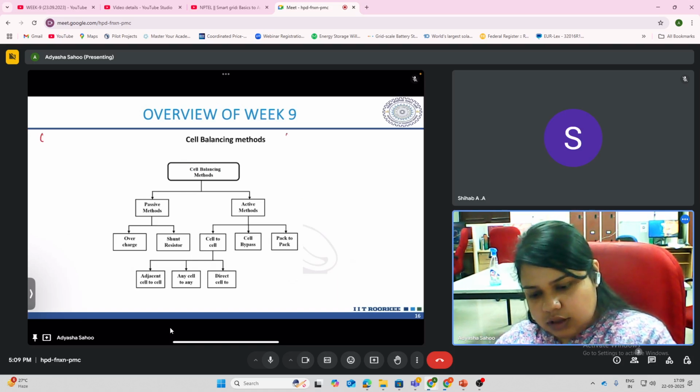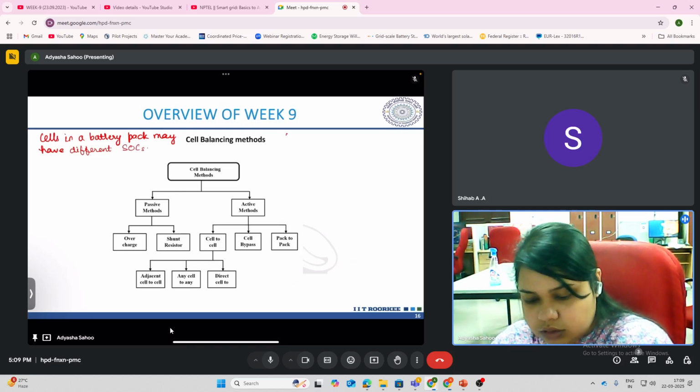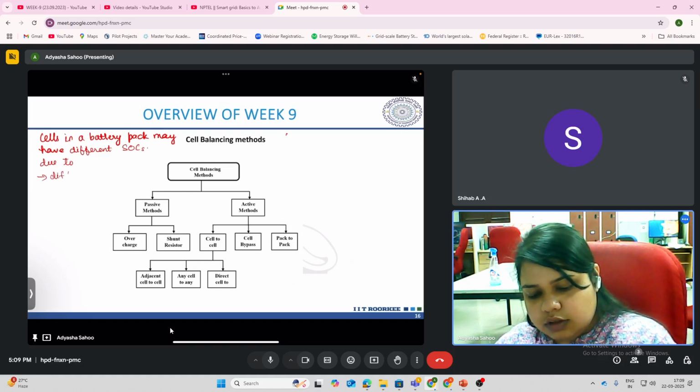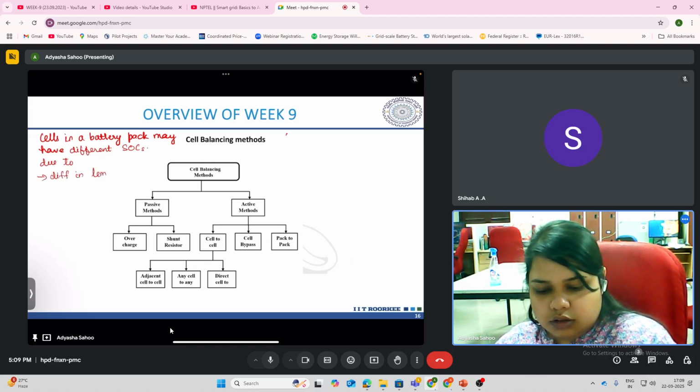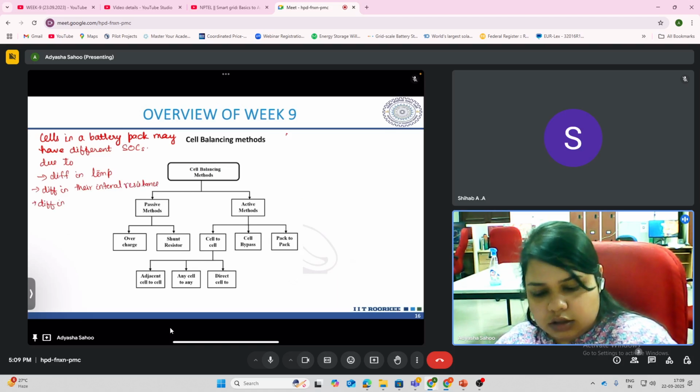Cells in a battery pack may have different SOCs due to various conditions such as differences in the temperature, differences in their internal resistance, differences in their leakage currents, differences in operating condition.